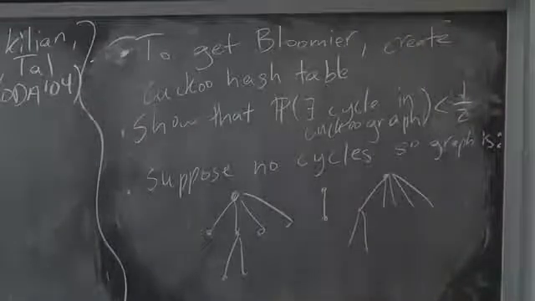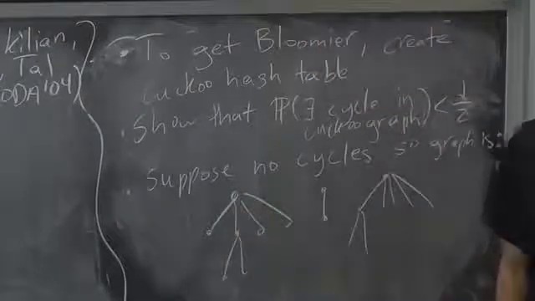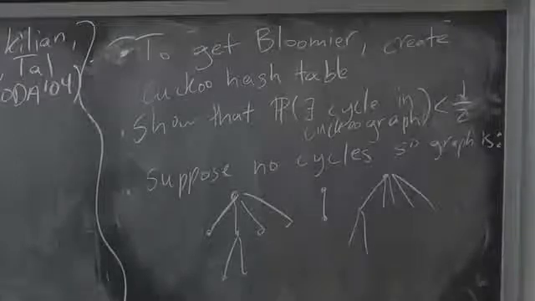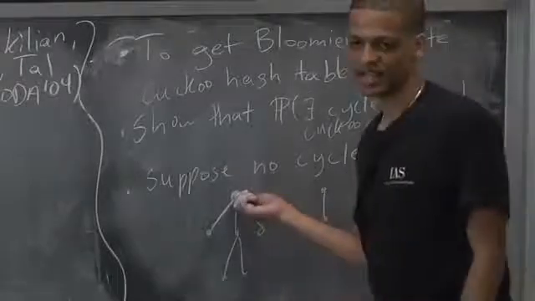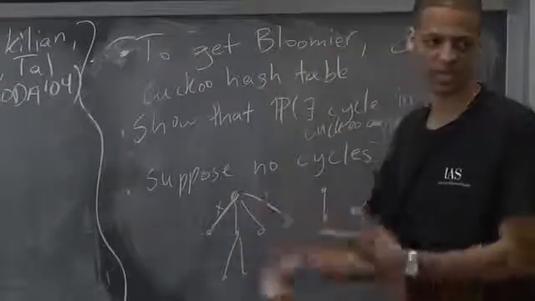Okay. And each one of these edges, what is that edge, right? It's an item, right? Okay. So this is one hash function. This is like g of x or something. So this is some item x. This is like g of x, and that's h of x, or the other way around.